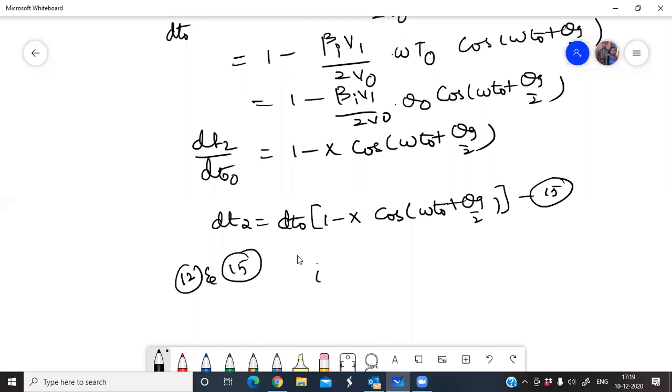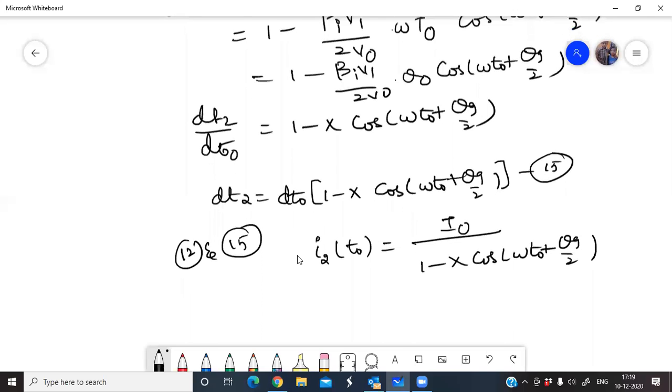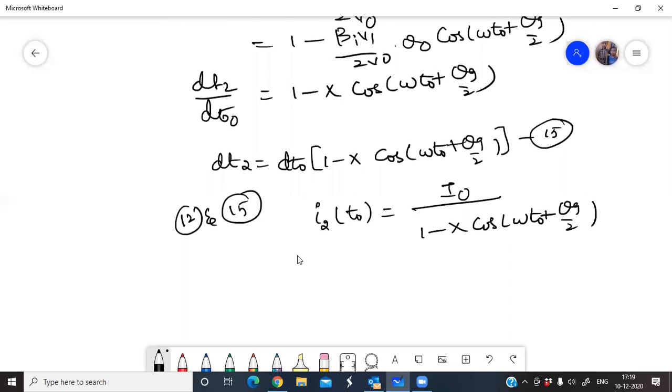So by substituting that, you will get I2 of T naught equal to I naught by 1 minus x cos omega T naught plus theta z by 2. That is here with respect to T naught, actual differentiation. That's why I want to write it in terms of T naught. So suppose this is equation number 16.